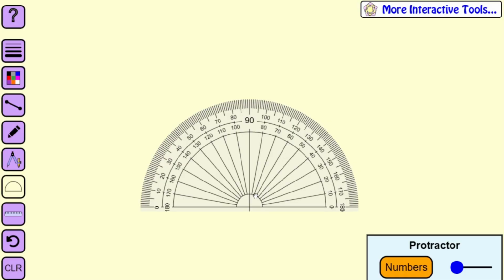Now, when we construct our 120-degree, in order to get the opposite of 30, which we can clearly see is 150, remember, 150 will not be on the right hand side, it will be on the opposite side.